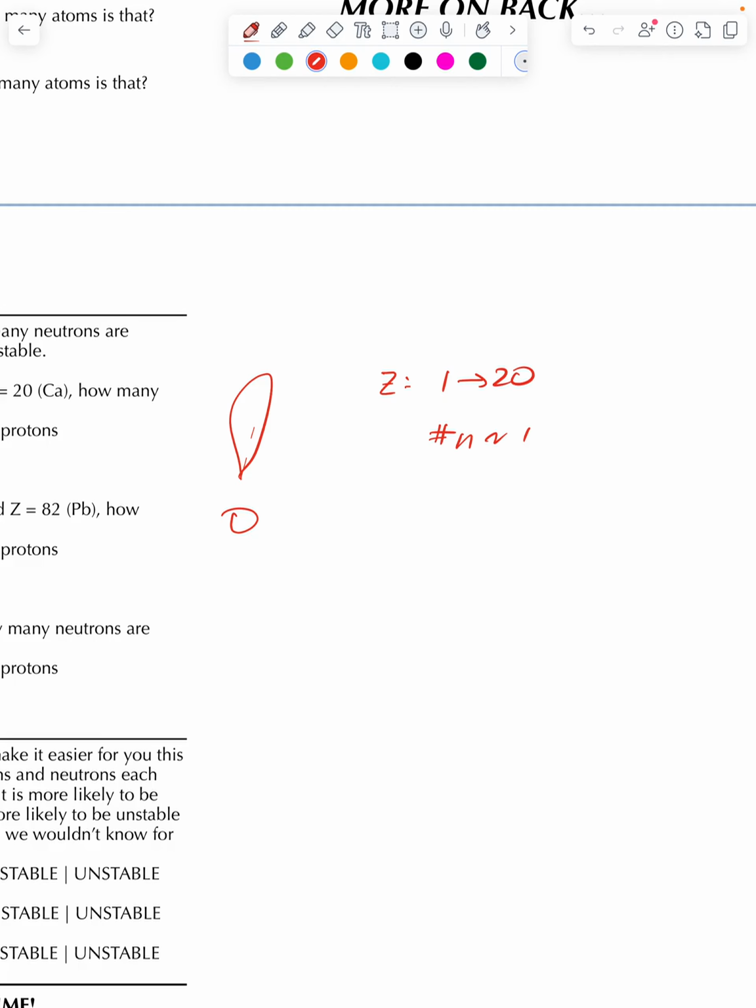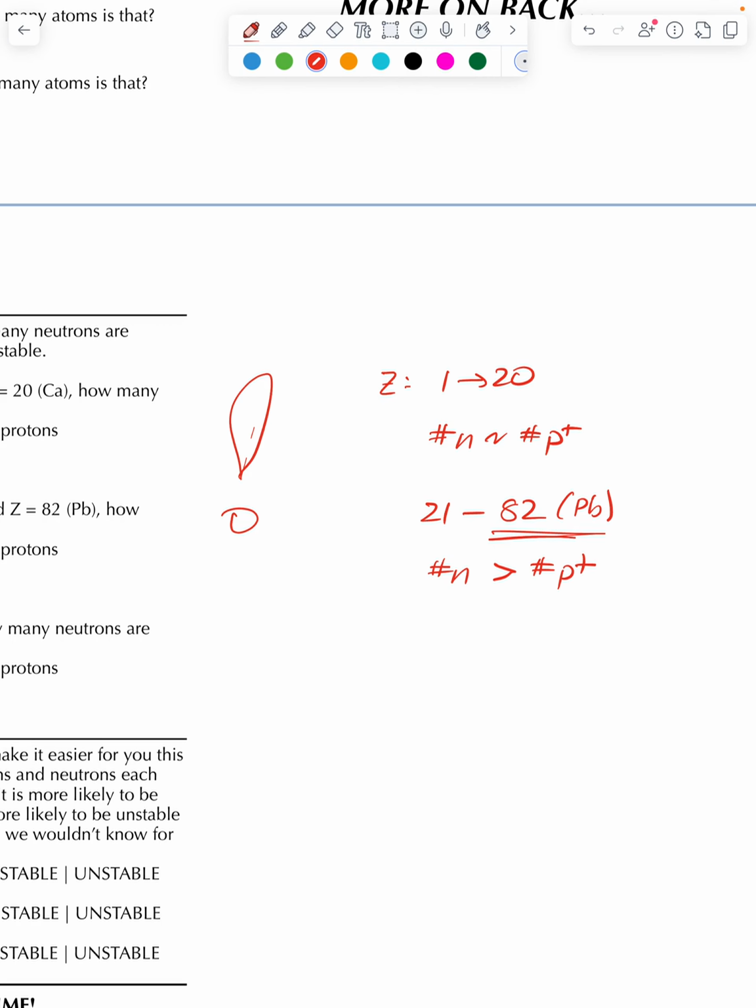But when you get to around element 20 to 21, up to element 82, which is lead, you want your number of neutrons to be greater than the number of protons. In fact, you need an increasingly greater number of neutrons compared to protons as you head towards the heavier elements.